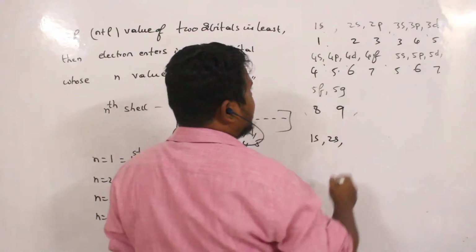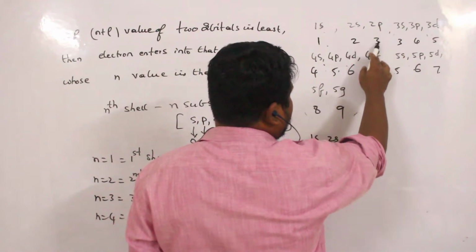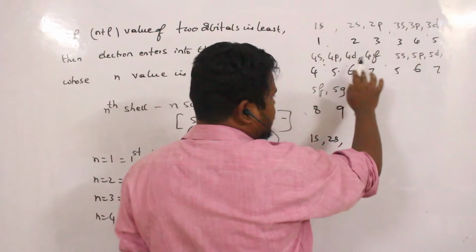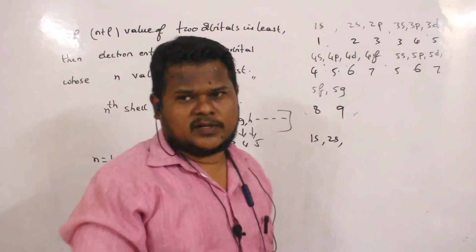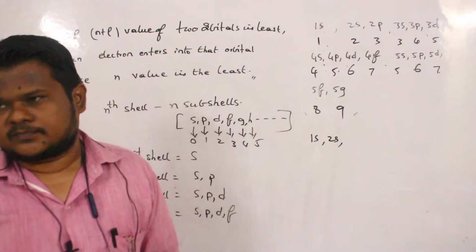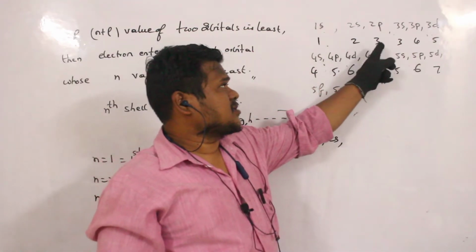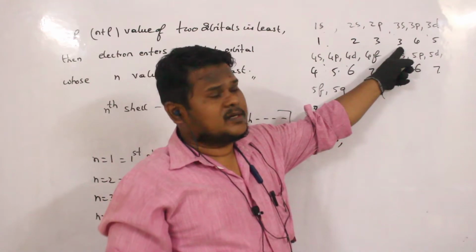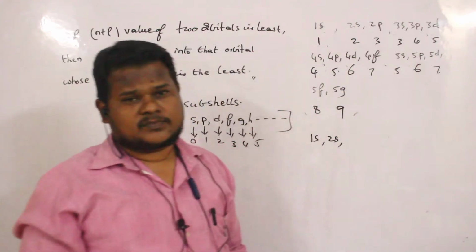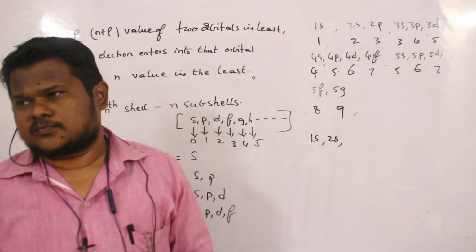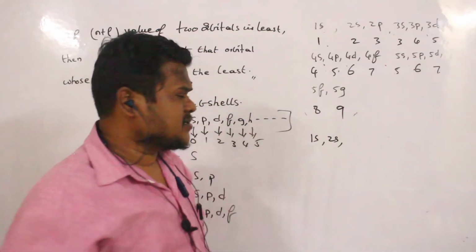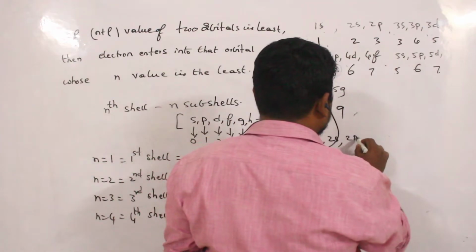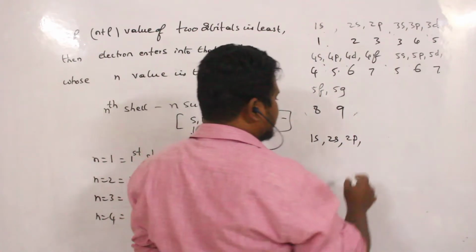Then, see, 2p subshell also has the same n plus l value, and 3s also has the same n plus l value. Then electron enters into which subshell? 2s, 2p or 3s? It enters into 2p. What is the reason? Its n value is least. What is n value here? 2 is nothing but n value. If n value is least, definitely electron enters into 2p. Then it is followed by 3s.